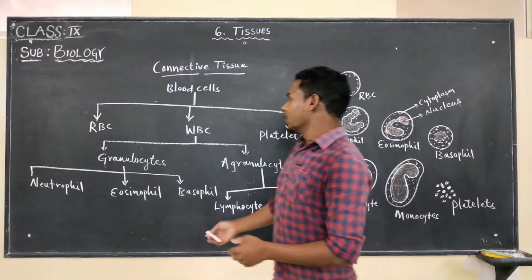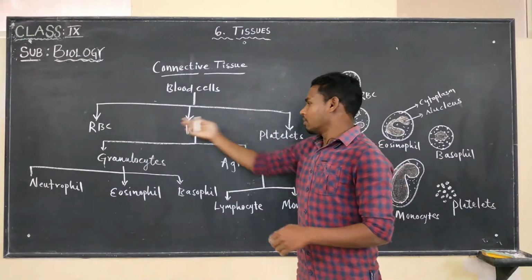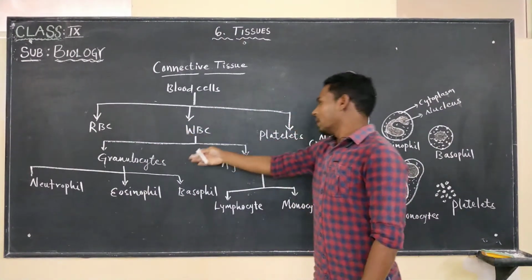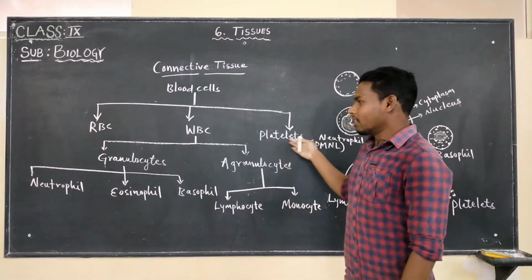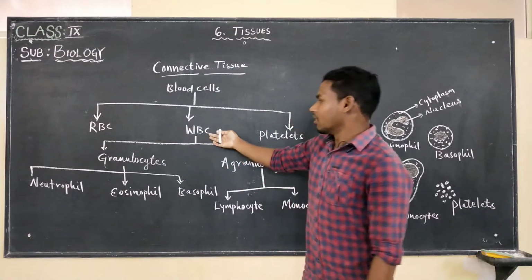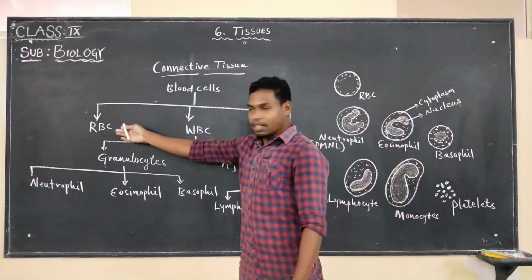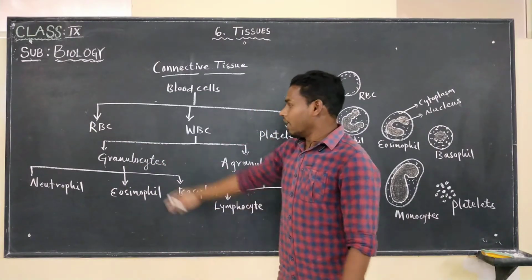Blood and lymph. So here you can see blood cells. I have separated them into RBC, WBC, and platelets. RBC, red blood corpuscles, WBC, white blood corpuscles, and platelets. RBC, red blood cells, are also known as erythrocytes.